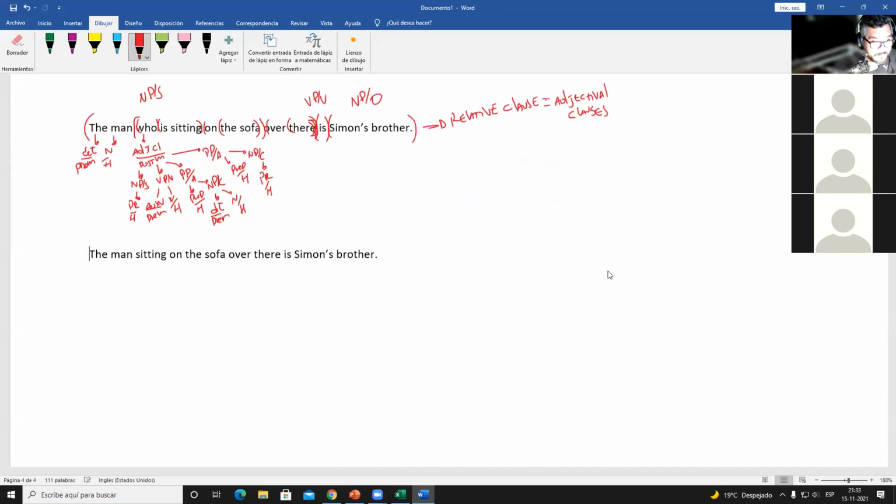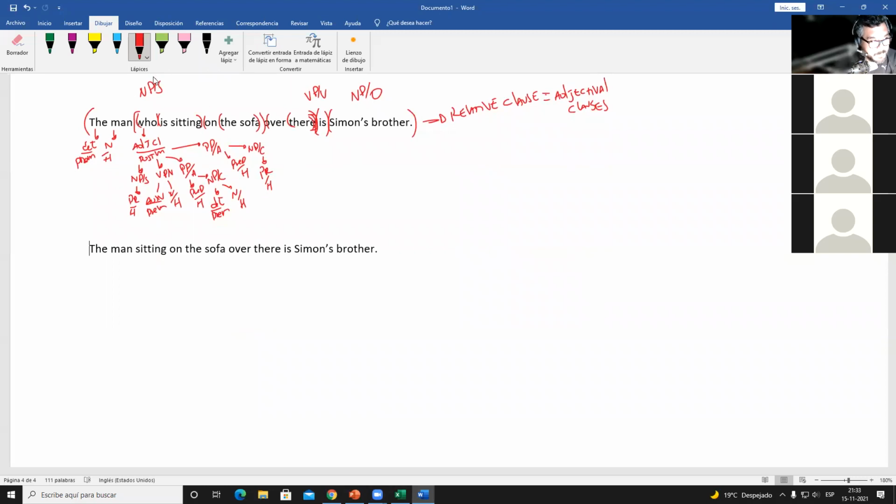Let's take a look at the non-finite form. The important thing is this. As you can see, "who is sitting on the sofa over there" has a subject, has a verb phrase, and then some other stuff, right? Now, they say that when you are using a relative clause and the subject is the same subject that has been previously stated, you can reduce the relative clause and turn it into a non-finite clause.